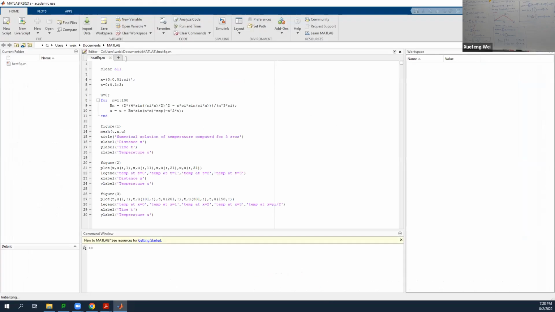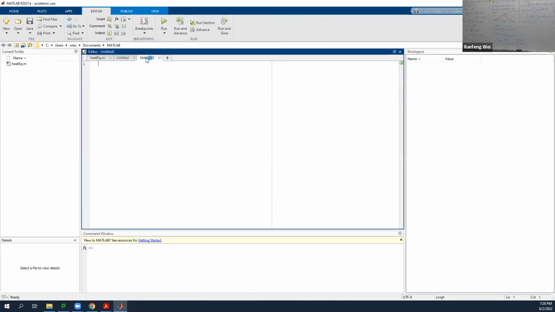Can you see it clearly? It's going to be a little small.